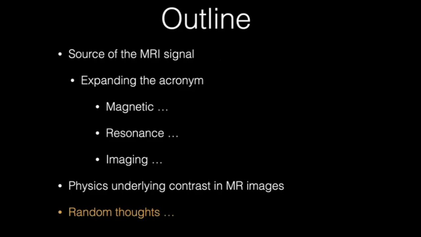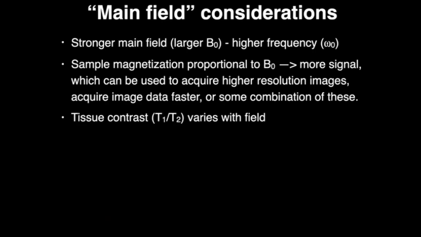Okay. So I'll just have a final couple slides here. When you're thinking about your experiments, there are some things you need to keep in mind. The trend in our area has been toward stronger and stronger magnetic fields. The primary reason for this is that with a stronger main field, you can magnetize your sample, i.e. your subject or whatever you put in the system, more strongly.